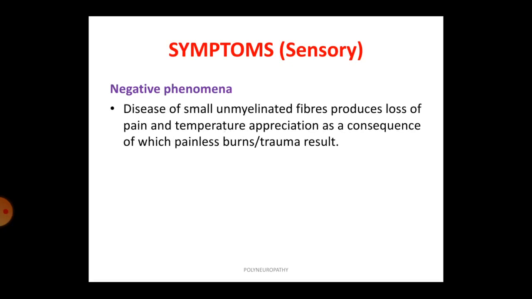Then, if the small myelinated fibers are affected, there will be loss of pain and temperature, which is the function of the spinothalamic tract. We know that we don't like pain, but pain is actually a type of alarming mechanism. What is pain? It is an unpleasant emotional sensory experience.